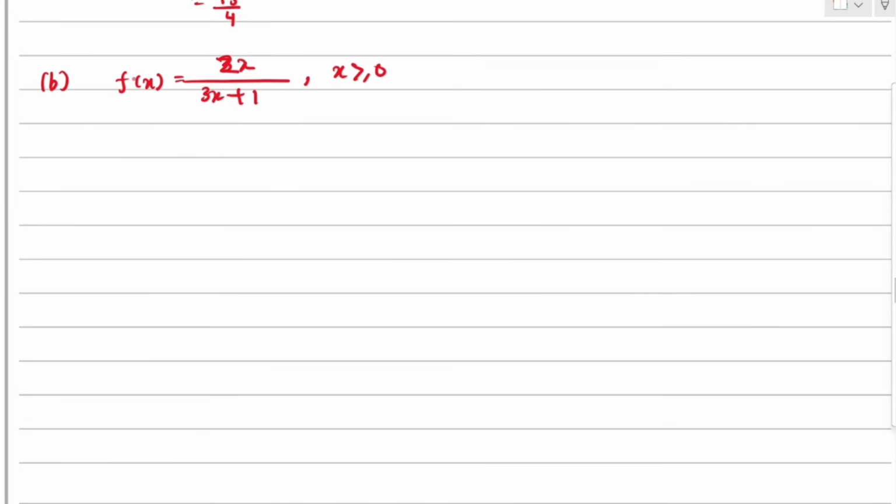Now to find the range of f(x), we have to find the set of all the outputs possible for our function f. To do this, we can take the help of a graph, or we can just write out the range from our understanding.